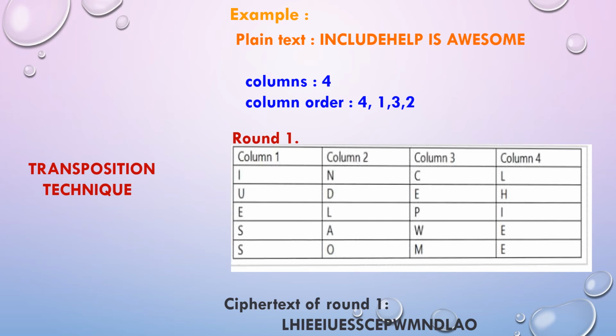Here the order will be 4, 1, 3, 2. So these are the columns to be read.